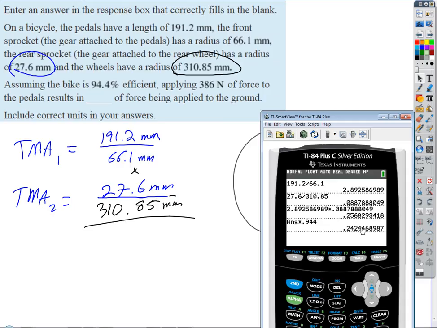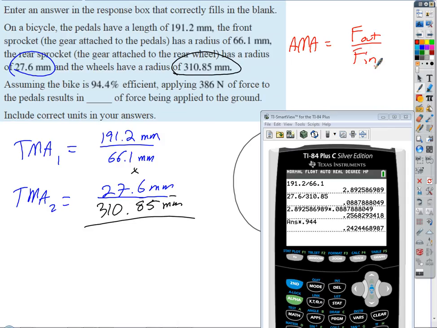But this time, it's less than 1, which we understand, because we're trying to get extra speed out of it. But I still do the same thing. I'm just going to multiply the input force by the actual mechanical advantage to get the output force. And remember, actual mechanical advantage is always output force over input force.